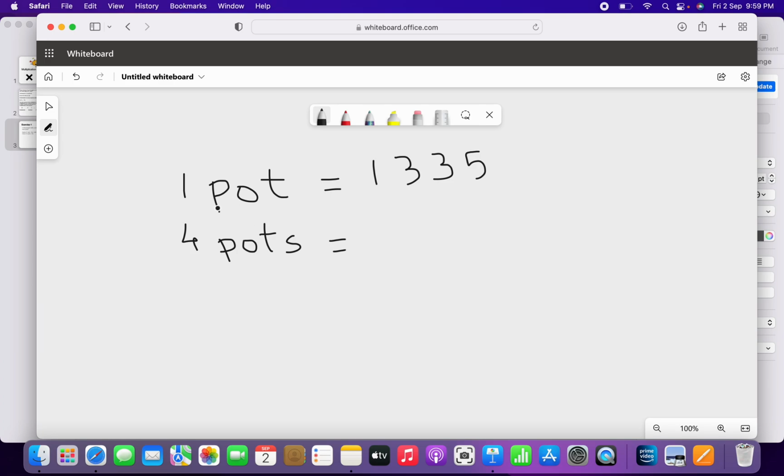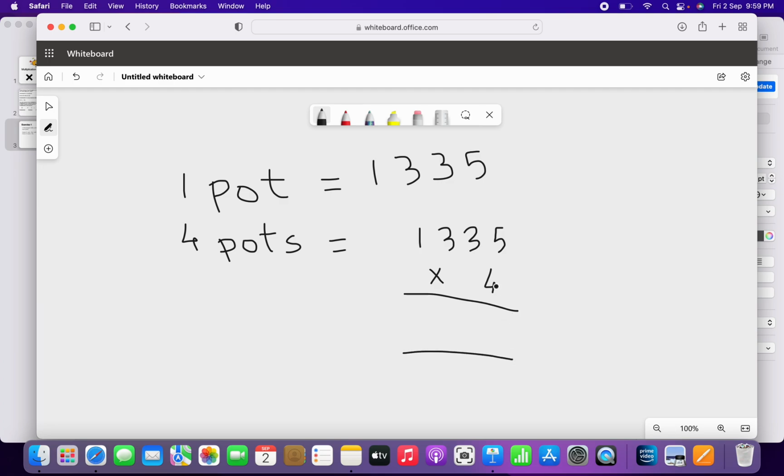Something like one banana costs 1 rupee, 4 bananas cost 4 rupees. But you won't get even a banana skin for 1 rupee, right? So let's see how it is. 1335 multiplied by 4. 4 times of this, correct? 4 times of what costs for one pot.